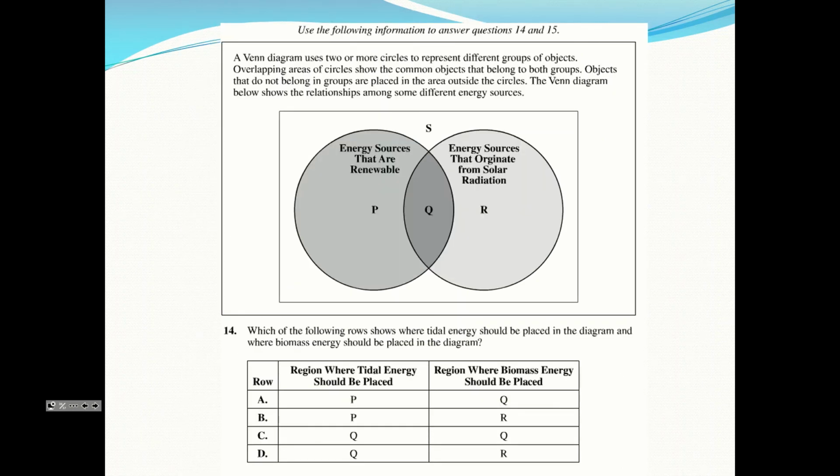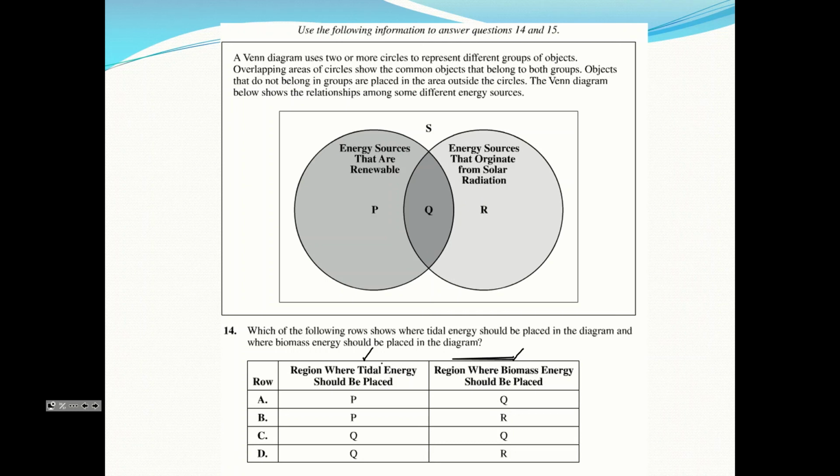Which of the following rows shows where tidal energy should be placed in the diagram and where biomass should be placed? Tidal is renewable, and biomass is renewable because we can always grow new plants.